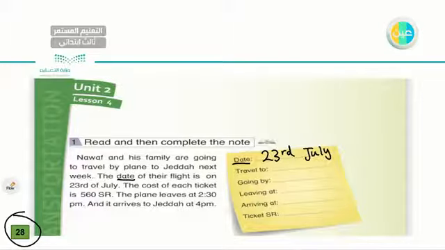Number 2, travel to. So this is like, where are they going? What is their final destination? Let's go. Nawaf and his family are going to travel by plane to Jeddah. Very good. So they are traveling to Jeddah.